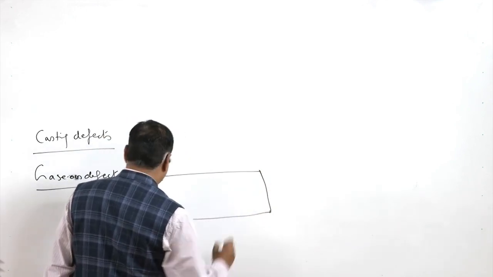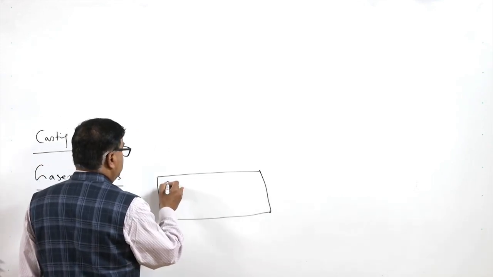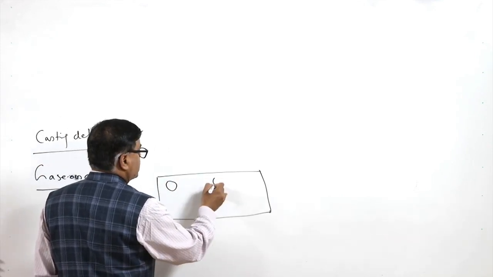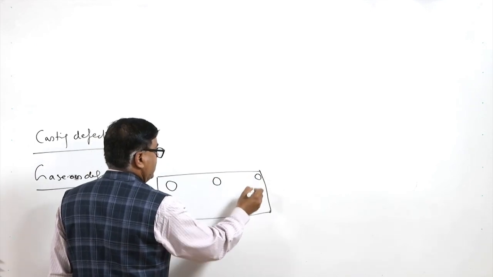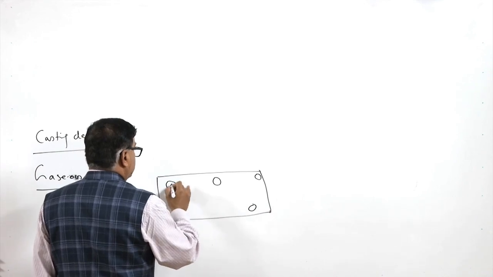Say this is the casting. If there are blowholes, then these are large pockets of gases in the casting, present inside the casting.